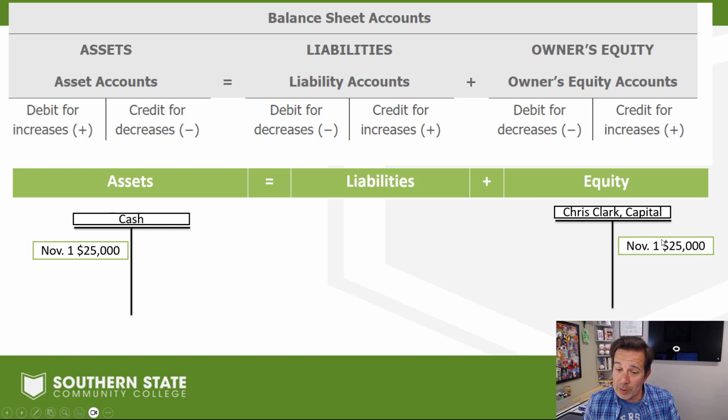I'm going to plug $25,000 into the credit side of the capital account. Owner's equity goes up $25,000. Assets go up $25,000. We're in balance. Debits equal credits. Every transaction you ever do in accounting, debits in dollar amount have to equal credits in dollar amount. I got $25,000 on the debit side, left-hand side, $25,000 on the credit side.